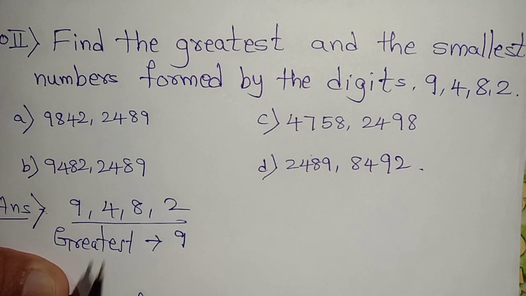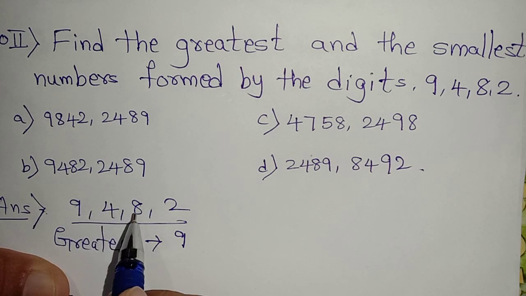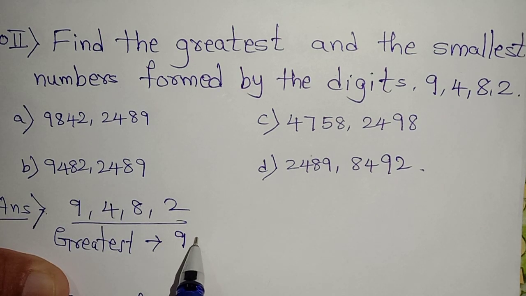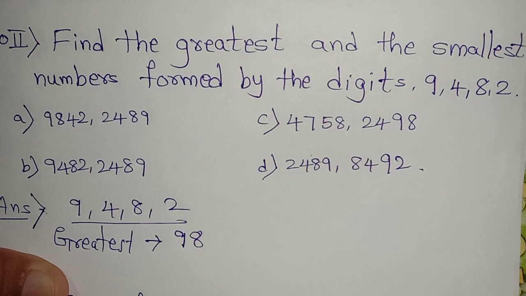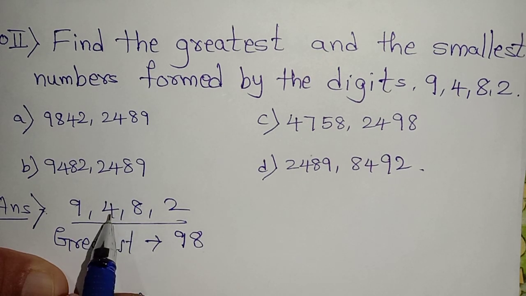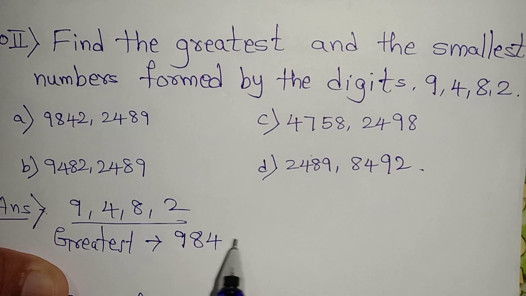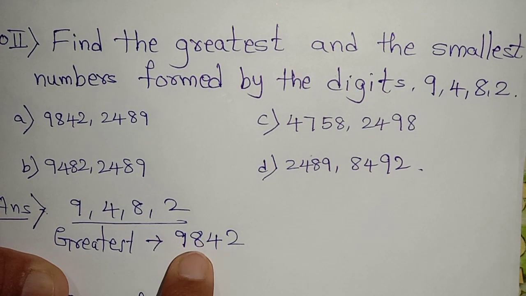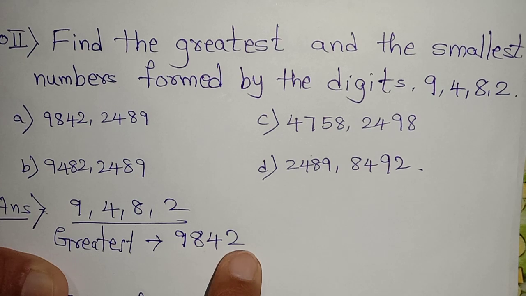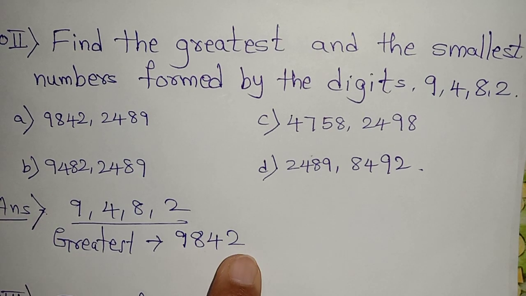After 9, 8 is smaller than 9, so we can write it as the second digit. After that we can write 4 and 2. Now the greatest number is 9842.